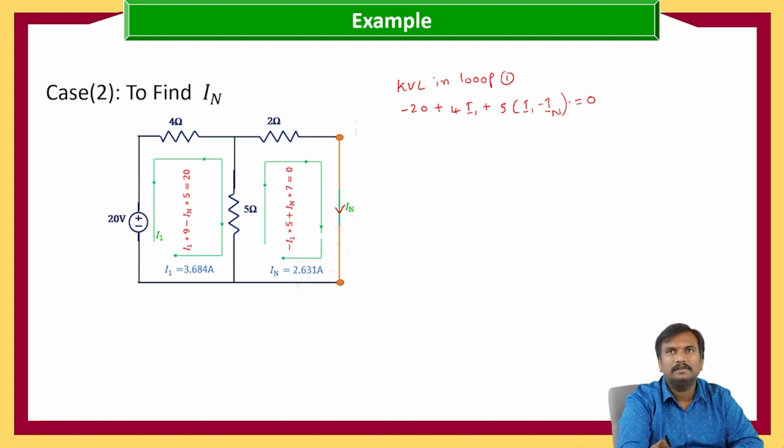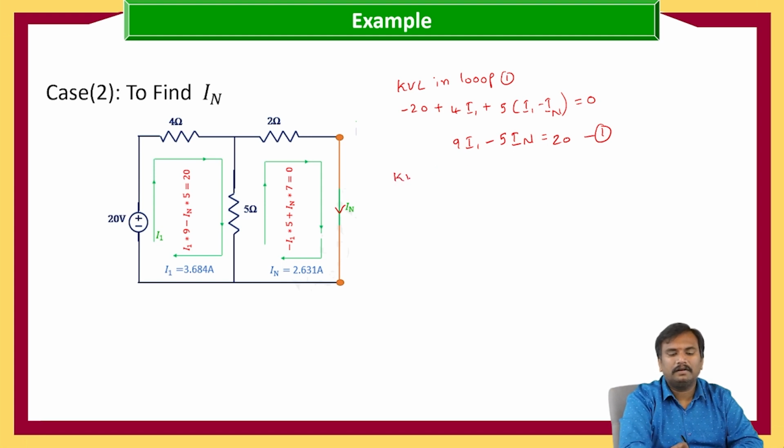So 4 plus 5, 9 I1 minus 5 IN is equal to 20. This is our equation number 1.